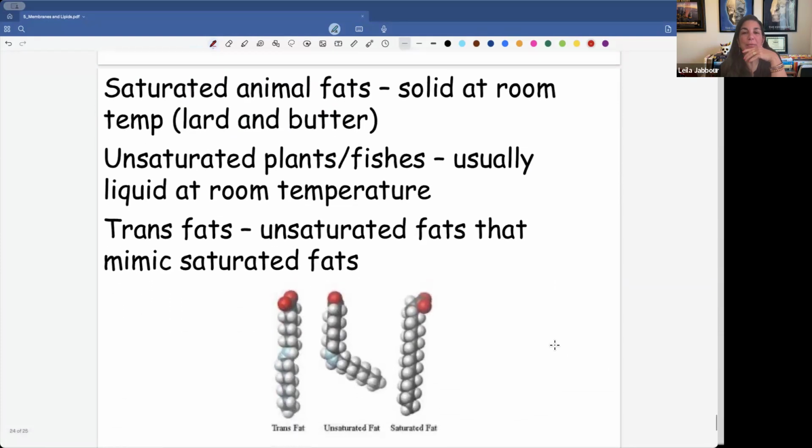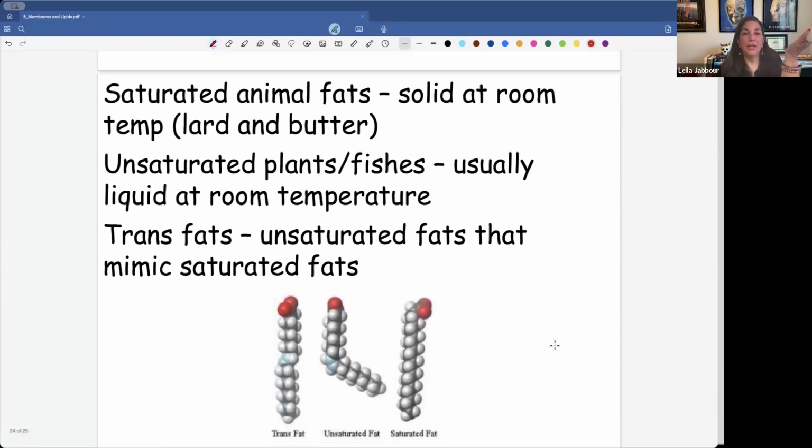Saturated animal fats are solid at room temperature, like lard and butter. Unsaturated fats in plants and fishes usually are liquid at room temperature, like olive oil and some fats in fish.